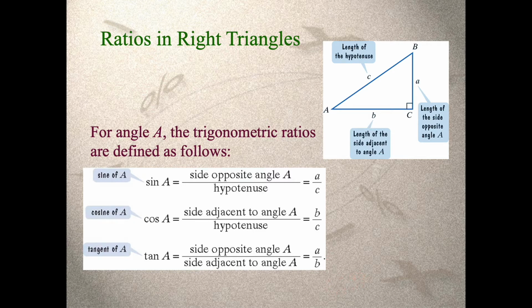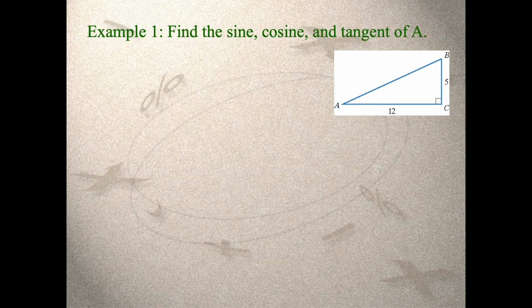Let's take a look at an example and try to create these trigonometric ratios. We want to find the sine, the cosine, and the tangent of angle A. We have a triangle here that has a side opposite A marked with a 5 and the side adjacent to A marked with a 12.